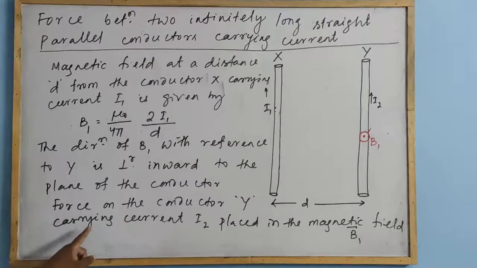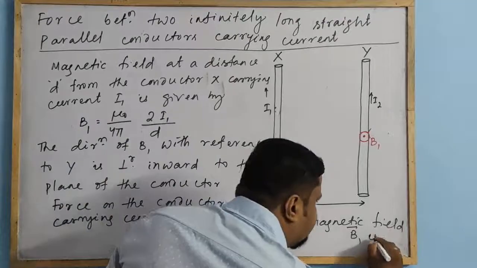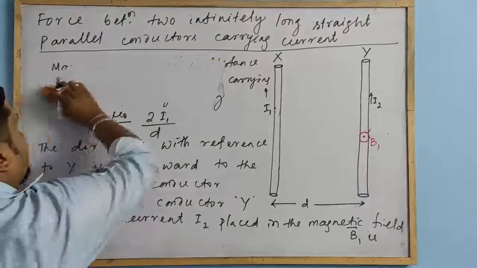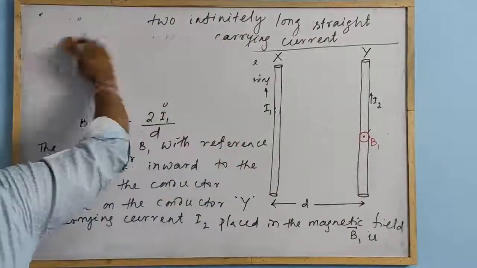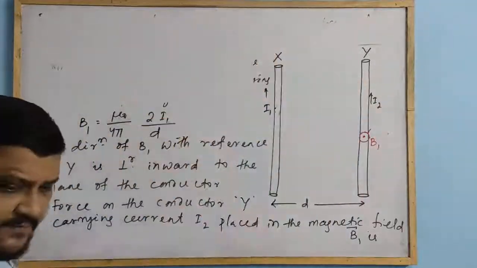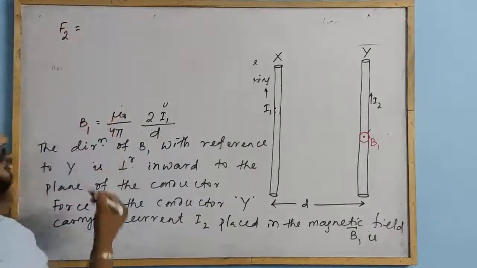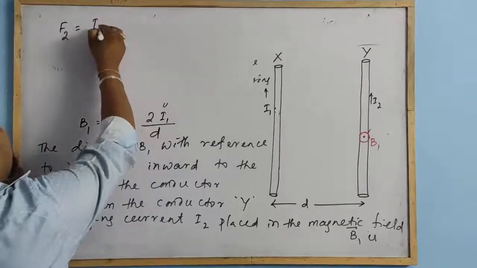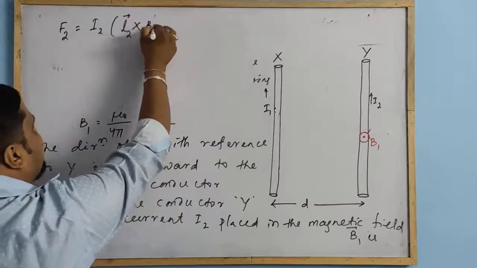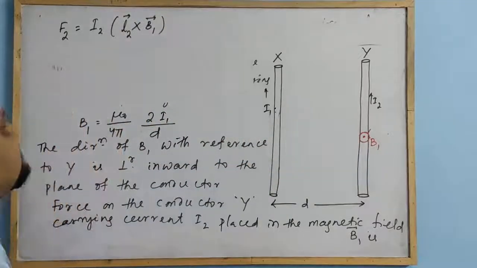Force on the conductor Y carrying current I2 placed in the magnetic field B1. Let that force be F2 for the second one. So F2 is equal to, what is the formula? I2, let the length be L2, cross the magnetic field B1.